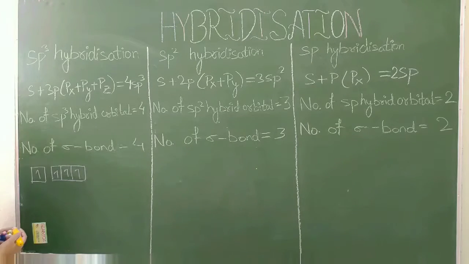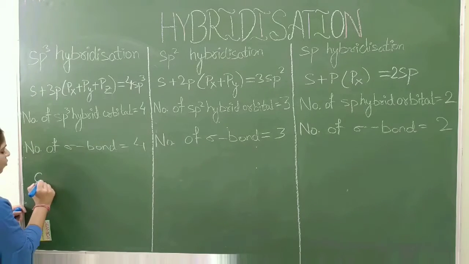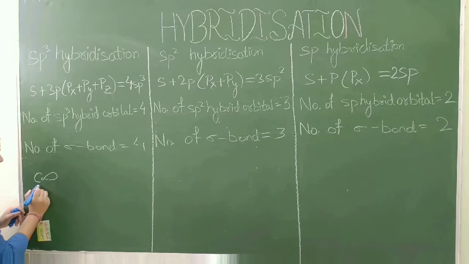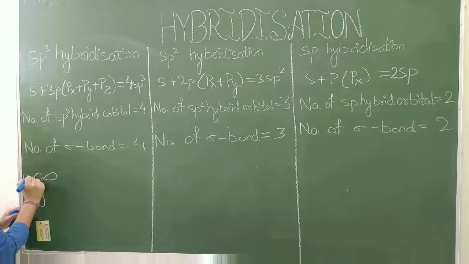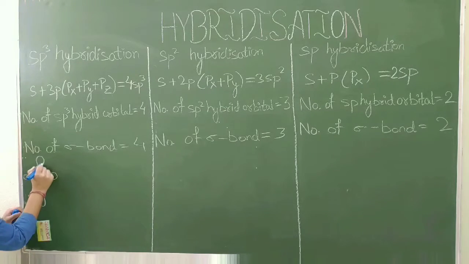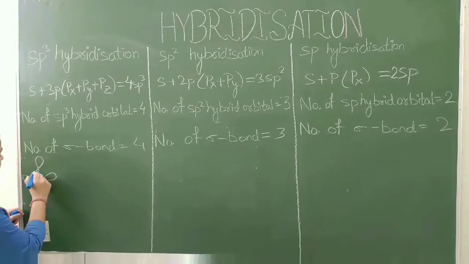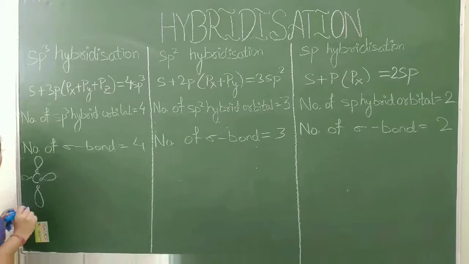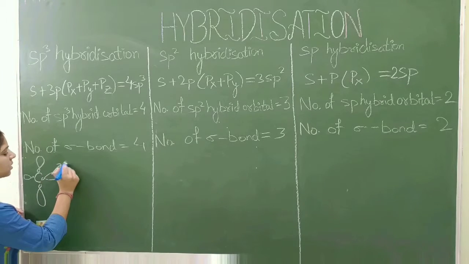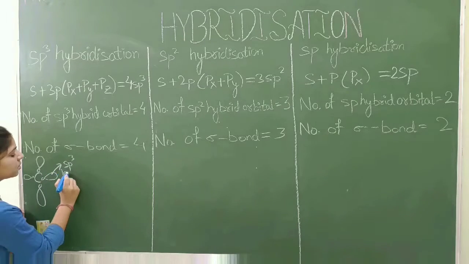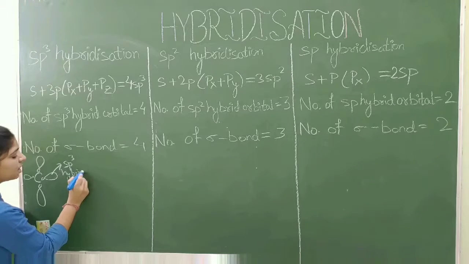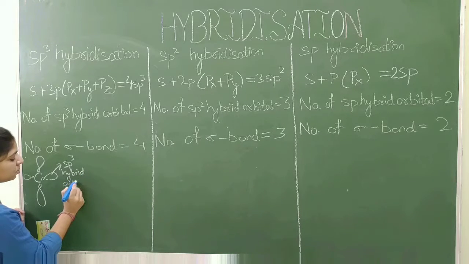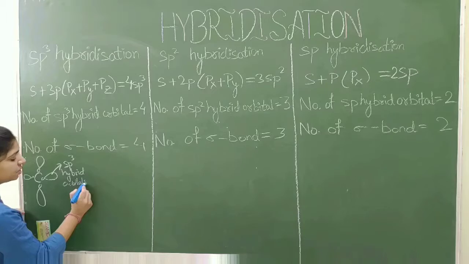Okay, and now let us discuss shape and geometry. There are 4 bonds. Let us take carbon and 4 bonds. 1, 2, 3, 4. Okay, so these are the hybrid orbitals, sp3 hybrid orbitals.